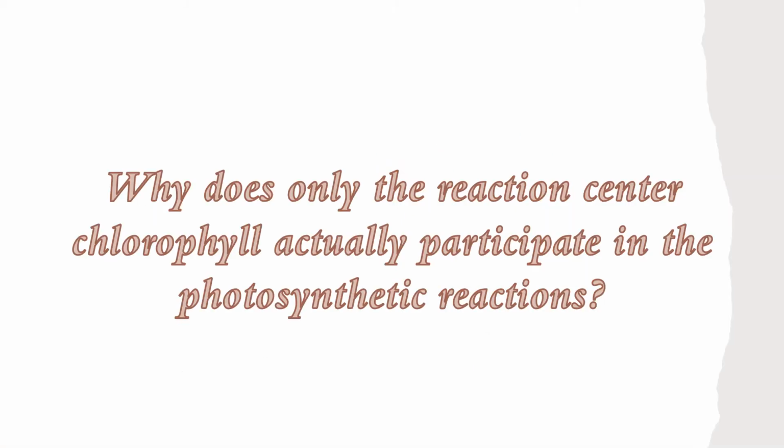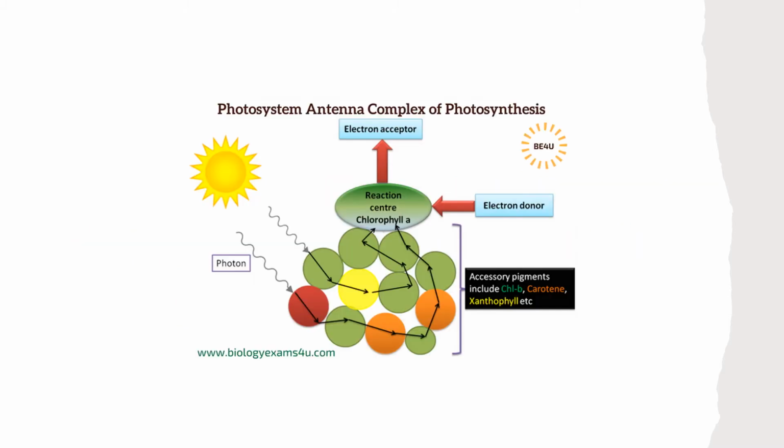Now, each photosystem has a few hundred chlorophyll molecules. The question is, why does only the reaction center chlorophyll actually participate in the photosynthetic reactions? The answer would be this: a single chlorophyll a molecule can absorb only a small amount of light energy.